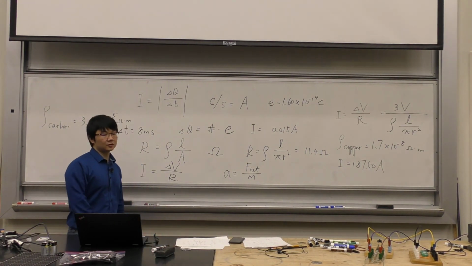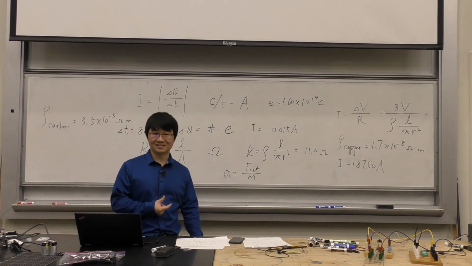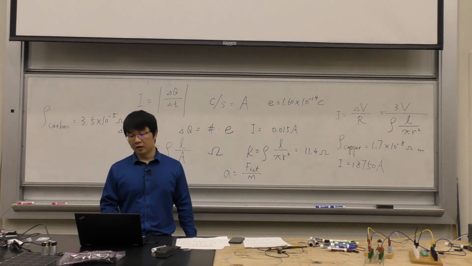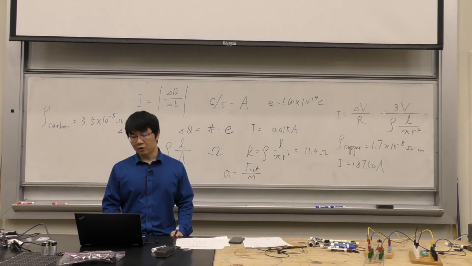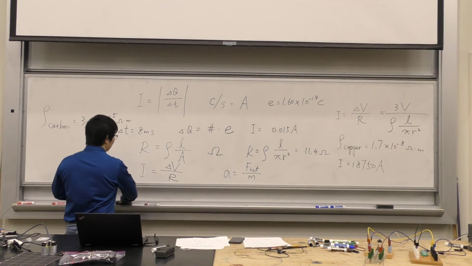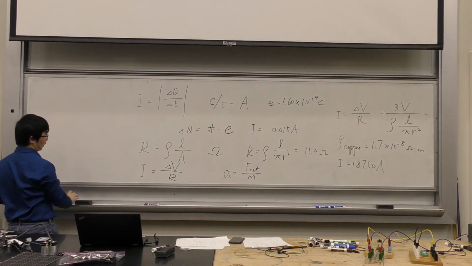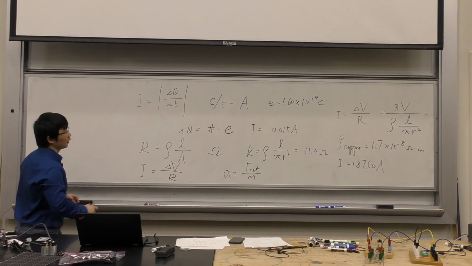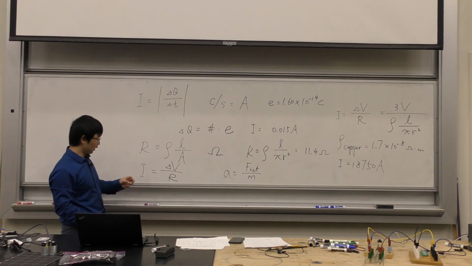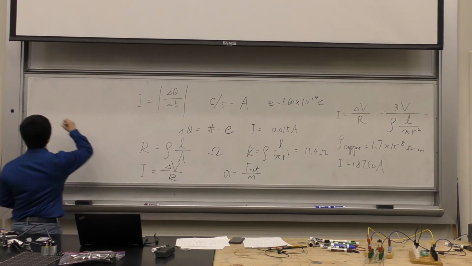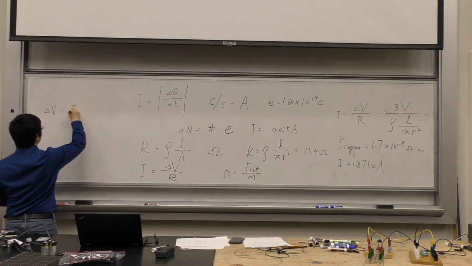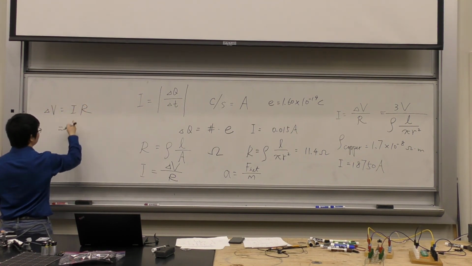So actually the current a human body can take is very small. You see that a current of about 100 milliamps is going to kill you. And then we want to calculate the safe voltage for a human. If I want to find a voltage, I'm just going to rearrange this equation: V equals I times R. This I is given.